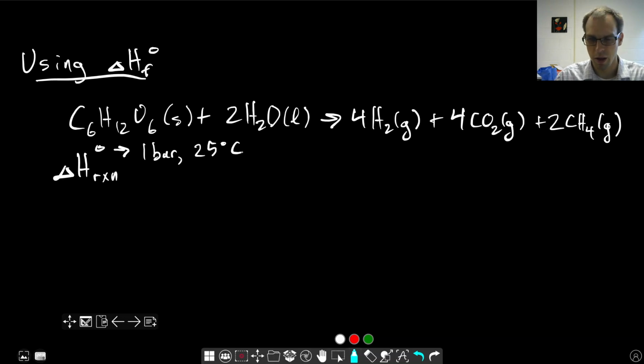Okay, so there is an equation that we can use that uses standard enthalpies of formation to get the enthalpy of the reaction.